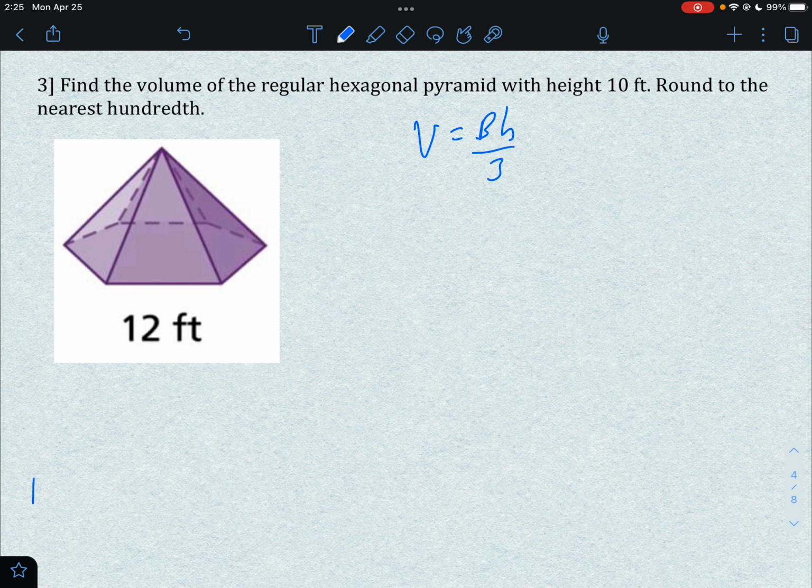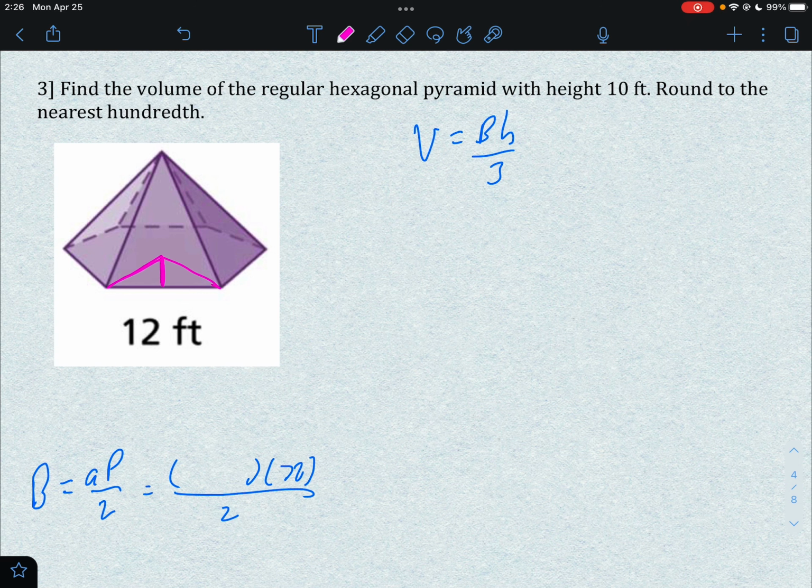So what we got to do for this one is we got to draw in our apothem. There it is. There's our apothem right there. This is 6. This is 6. And you remember back when we did the regular hexagons, 360 over 6 is 60. And then cut that in half, we get 30. So these angles here are 30.